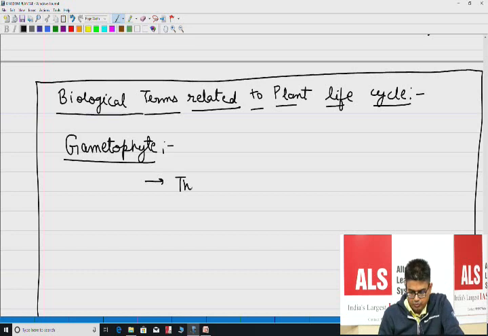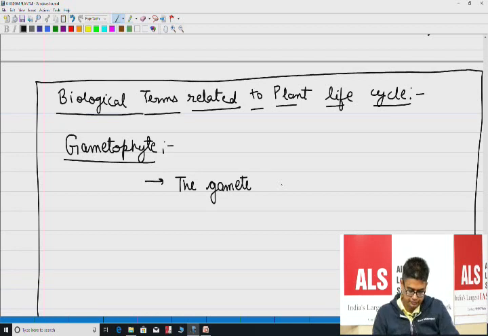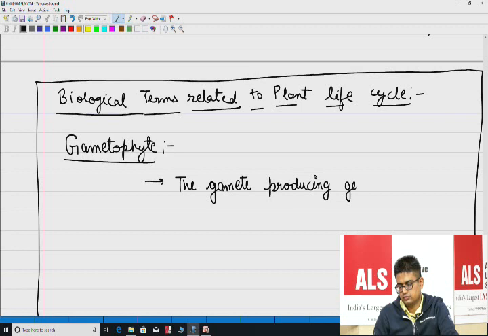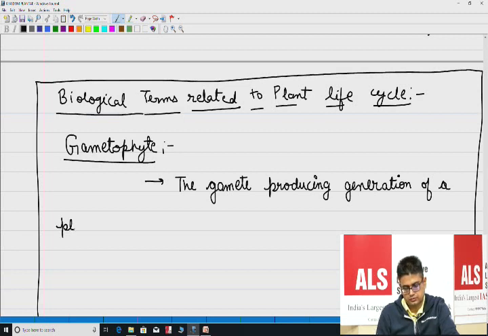The gamete producing generation of a plant is known as gametophyte.